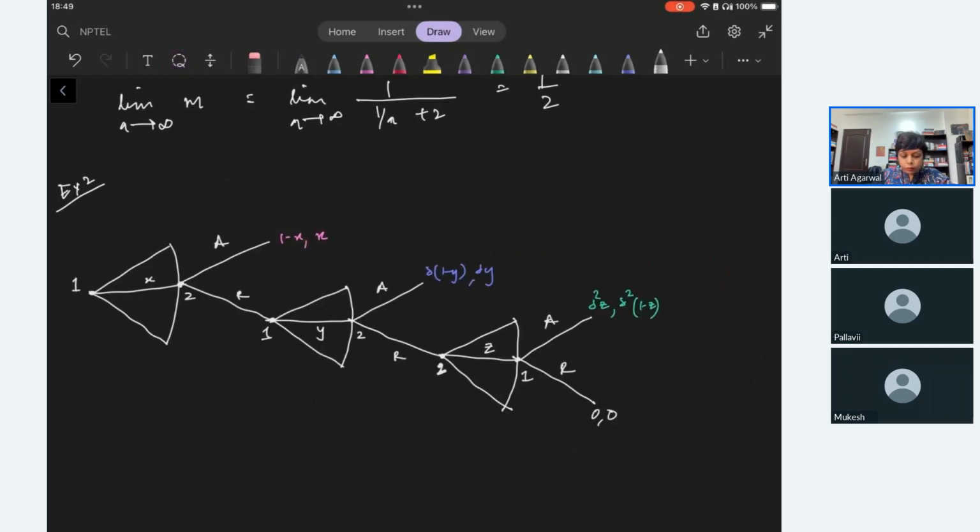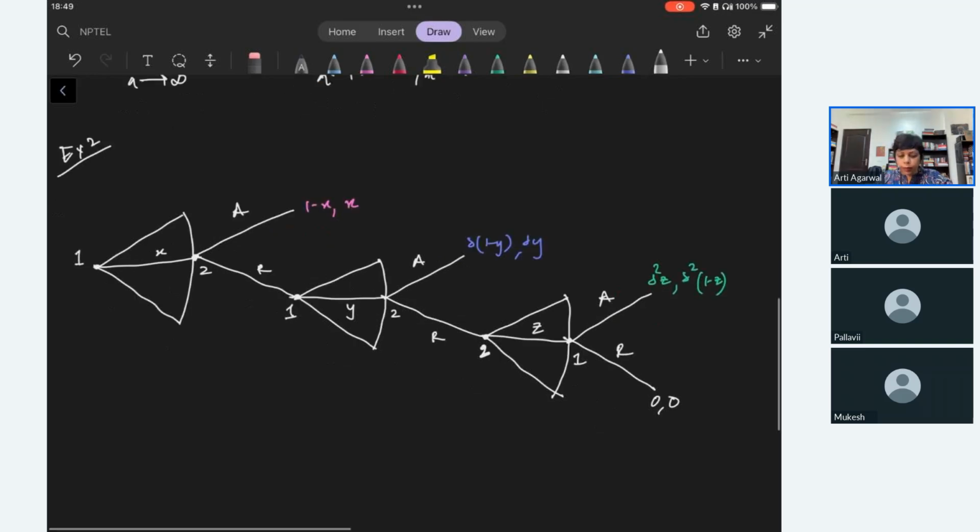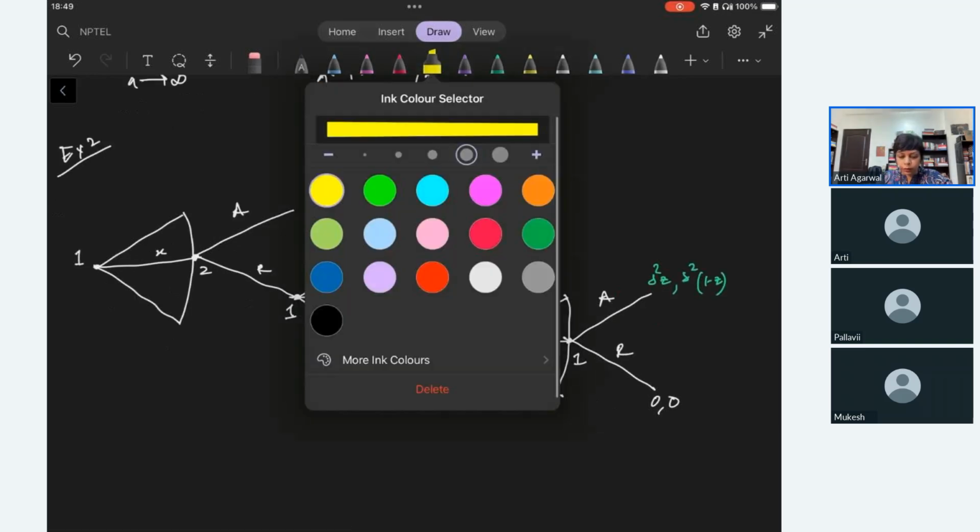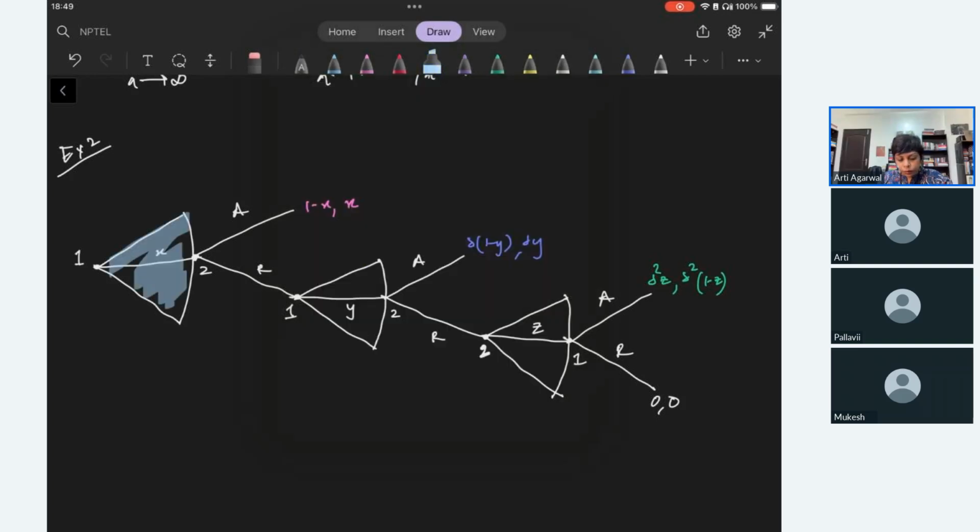So this is the extensive form game diagram. Let me also highlight the parts which are continuous like I did last time. Okay, so now let's go over the rationale, right? In the last stage, player 2 is the one who's making the final offer.